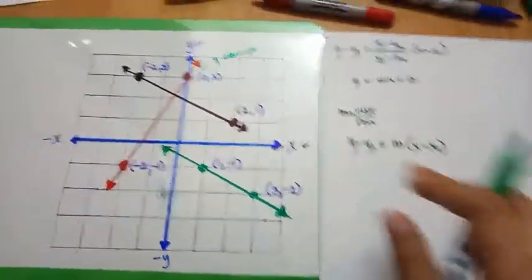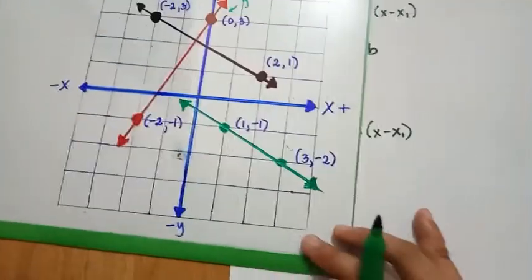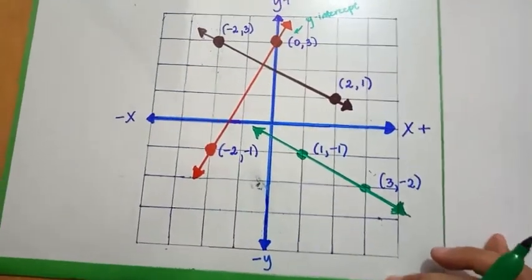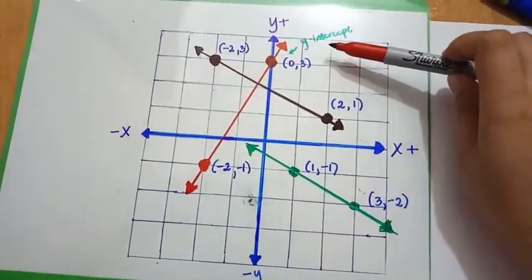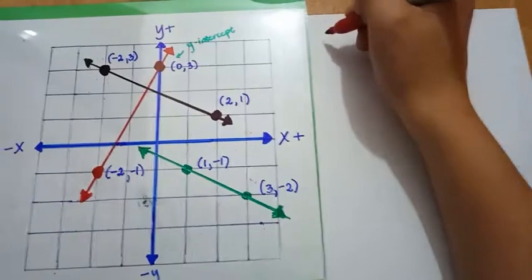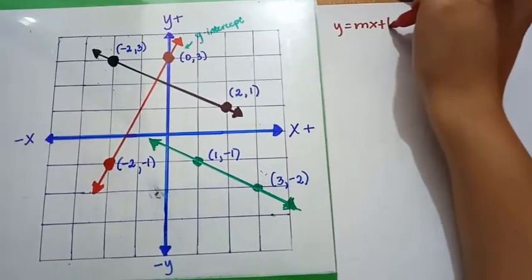So, for our first given, sa pulang line na ito, let us use yung pinakamadali. No? Dahil meron naman siyang y-intercept, let us use y equals mx plus b.